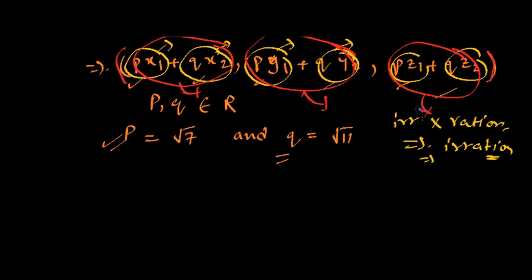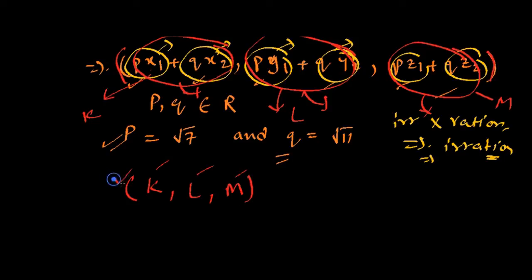Say these components are K, L and M. All three elements are irrational, but the condition required for this vector to be in set S is that K, L, M should be rational.